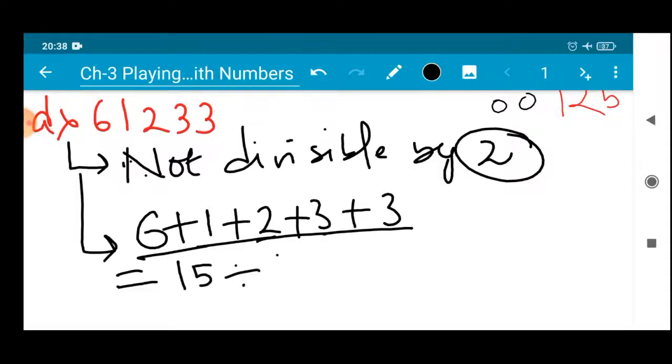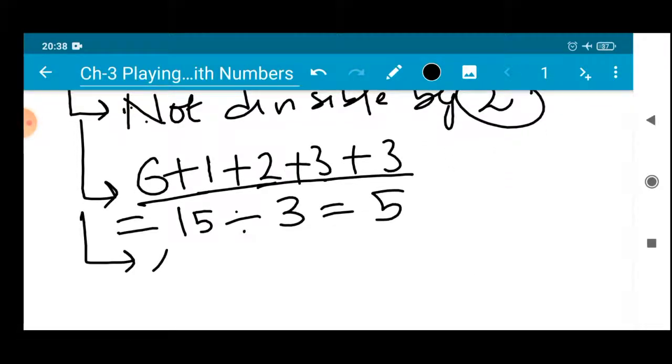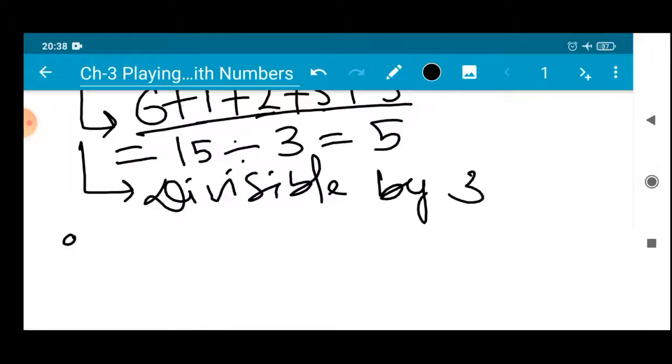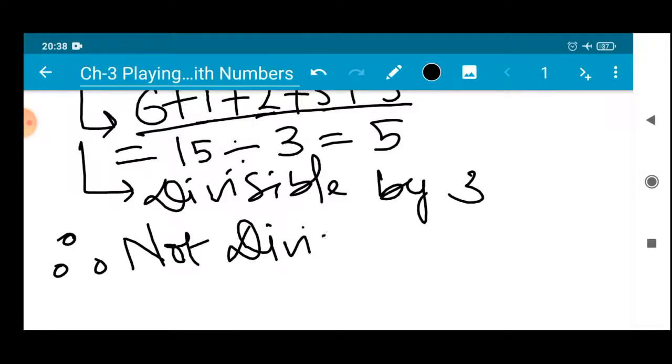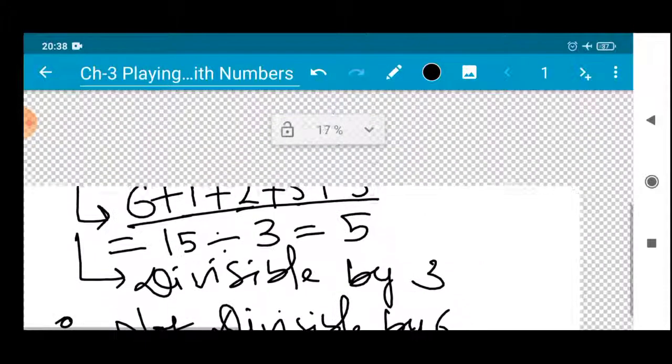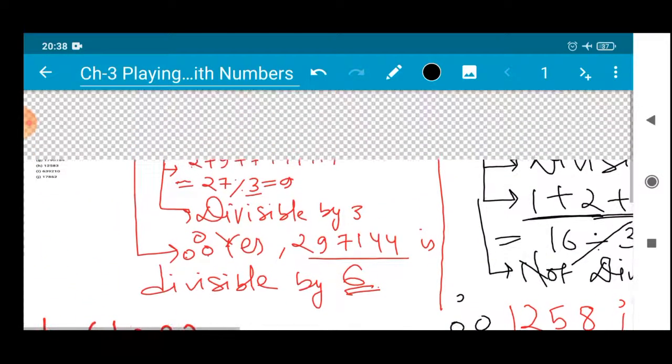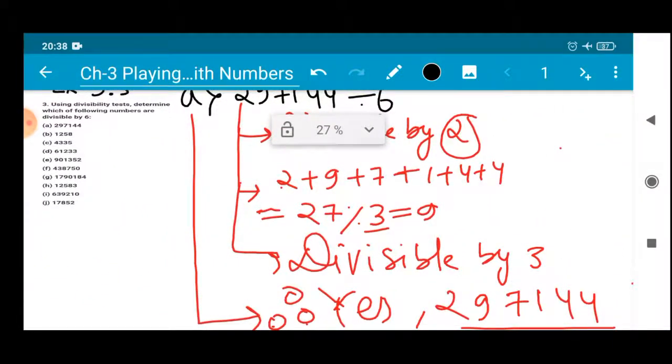So here you saw that it is divisible by 3 but not divisible by 2, so that's why it is not divisible by 6 also. At the last you can write, therefore, not divisible by 6, right? So these things are very easy, you just have to know the correct rules which we have to apply here.